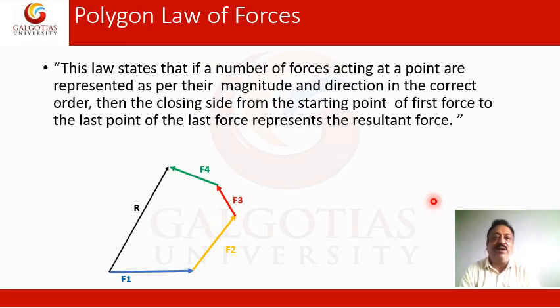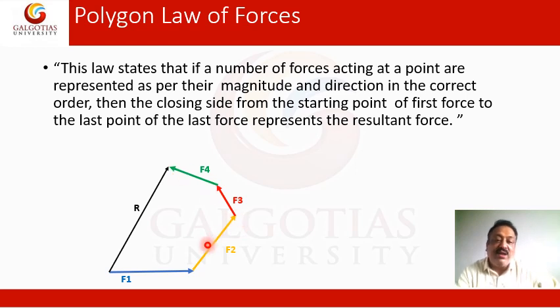Then we have the law of polygon of forces. The polygon law of forces says that so far we were dealing with only two forces, but now if you are dealing with multiple forces, F1, F2, F3, F4, taken in order, so that F1 starts here and ends here at the tip, then F2 starts from the tip of F1, and then F3 similarly starts from where F2 is ending.